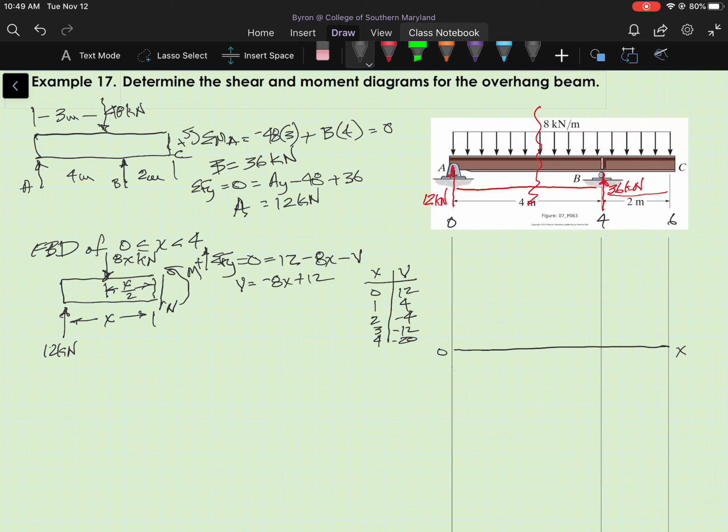It's hard to see them here, but here's -20, and here's +12. Now this is the V-axis, and we're in kilonewtons here.